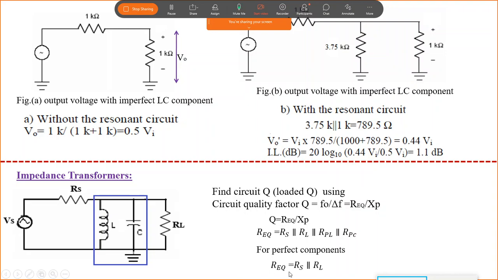Why does Req reduce? Because Rs or RL is low. Rs is a source resistance, so you cannot take Rs to be any value, because it may be the output of some other network. See, what is the input of the resonator circuit? The resonator circuit input is from some other circuit.